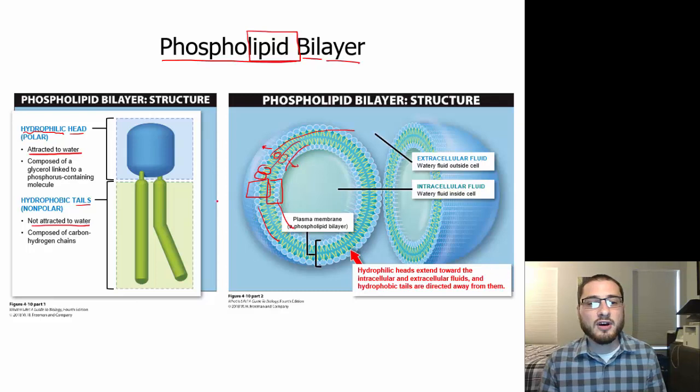And when you look at the hydrophilic head, it's a glycerol backbone linked to these phosphorus-containing molecules, which makes us think of a lipid that is made up of glycerol backbone with the fatty acids. And then you have the hydrophobic tails, which are composed of carbon and hydrogen chains.